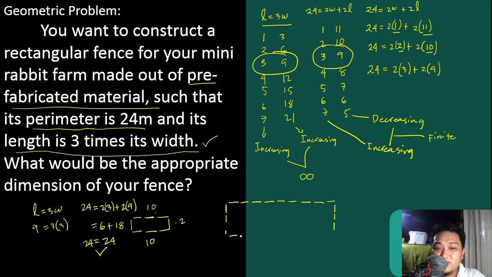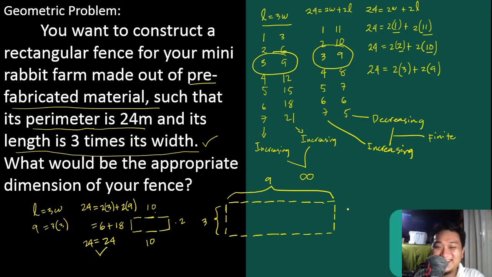Tapos the same here, 1 to 9. Ganito yung magiging itsura ng ating fence made out of prefabricated material. Dito, yung sukat niya is 3 meters, dito naman this is 9. At pagka ganyan, eksakto yan, 24 meters yung kanyang perimeter.